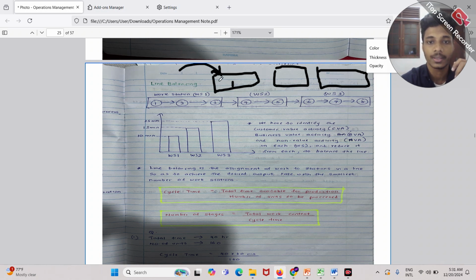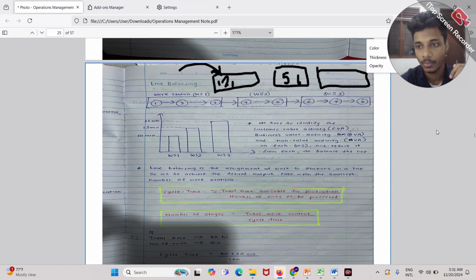Like task 1, task 2 here, and the fifth task here, the sixth task in workstation 2. You have to allocate individual tasks to the proper workstation. That is the basic idea of line balancing.